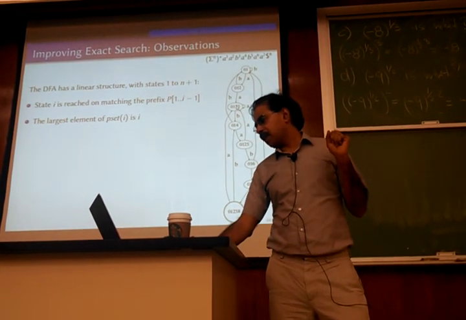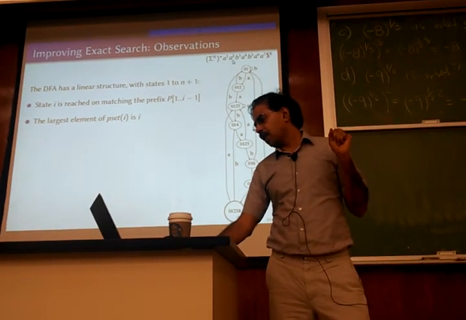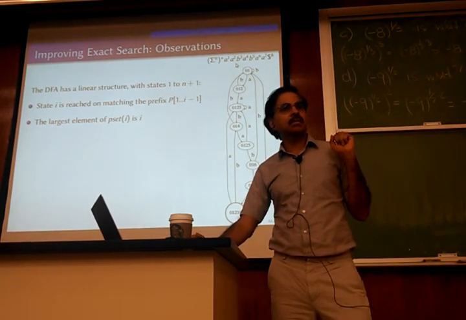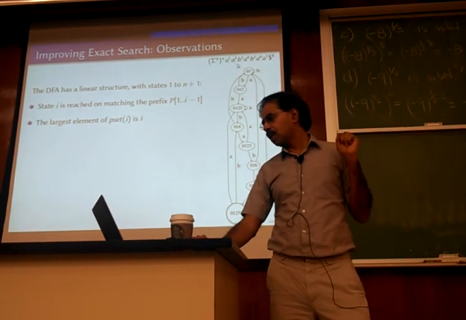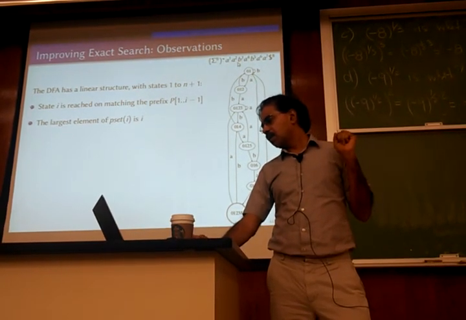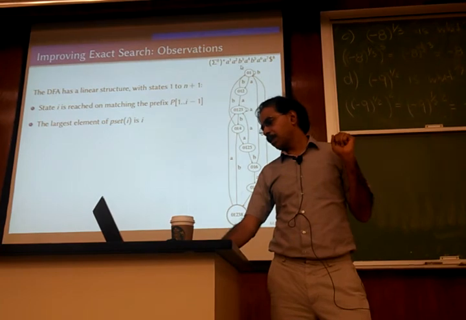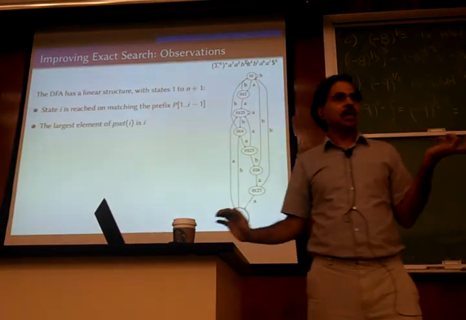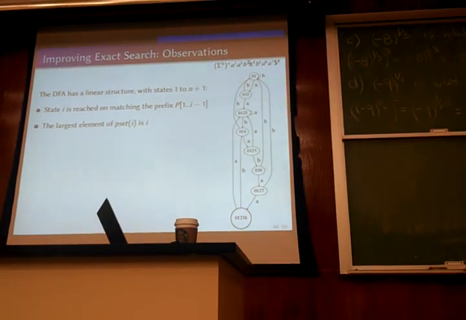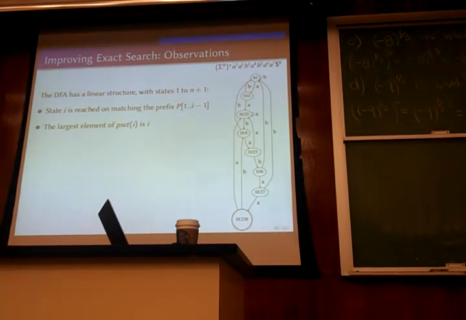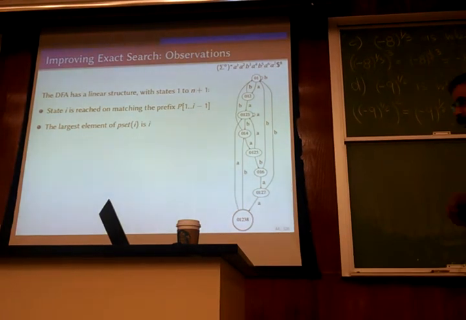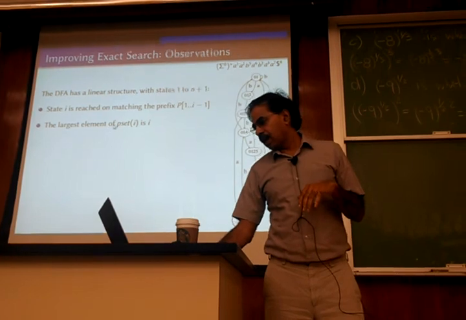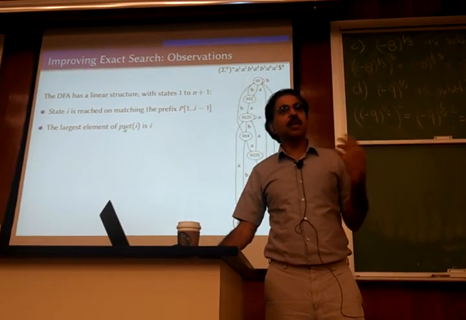Say for instance, this state, 0, 1, 2, 3, corresponds to being over here, after having seen the 2 A's. So you are in this position, and since you have seen the first 2 positions, your position set is going to include the next position you're going to see, which is 3. That's going to be the largest thing, because obviously if any larger one is included, that means you have already gone further forward. Therefore, the largest element of the position set in the ith state is going to be just I.